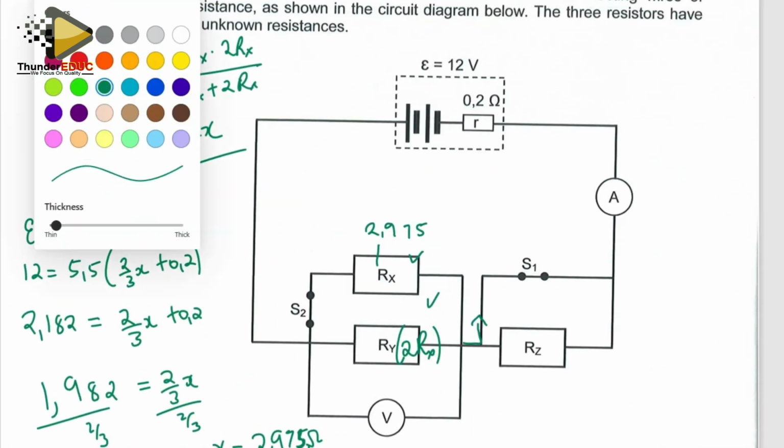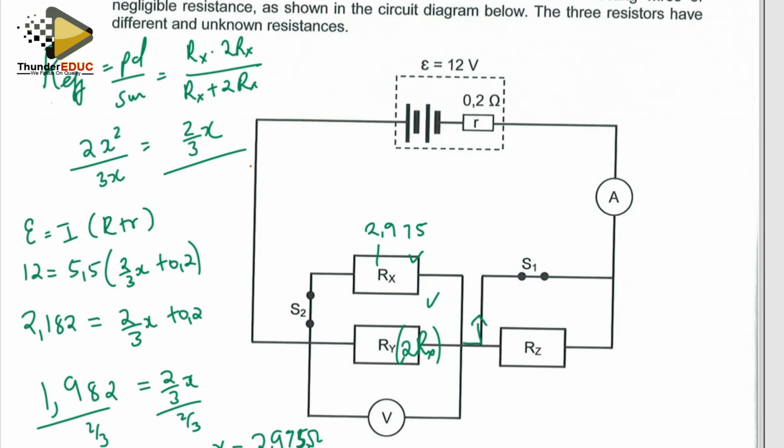So how do I get my external voltage? I'll have my EMF, which is 12. Now let me get the internal one first, which is easy. V internal is 0,2 times 5,5, since we have the current already.